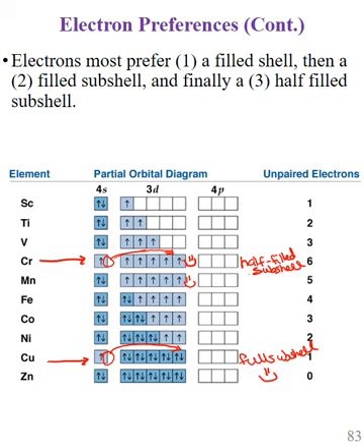Extremely, extremely happy. Okay, and then now we have zinc. Zinc is going to be insanely happy because we have a full shell. Not even a full subshell, a full shell.